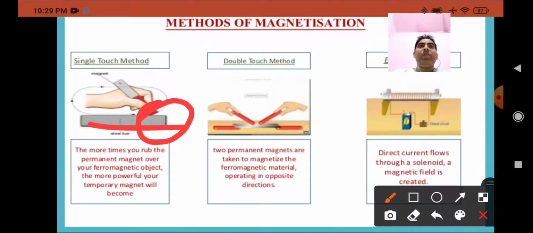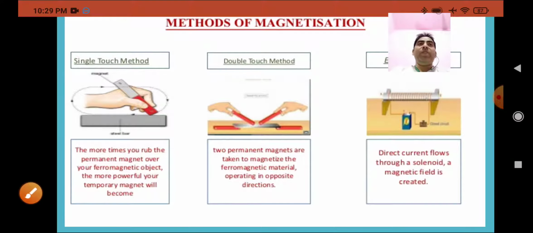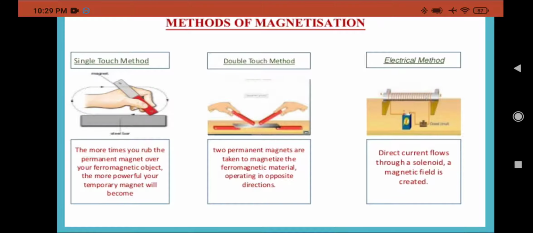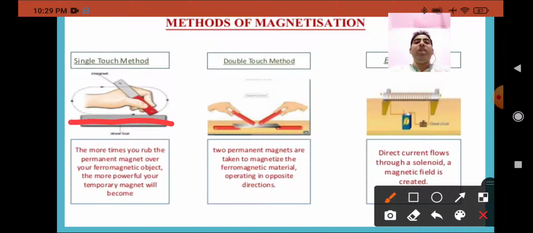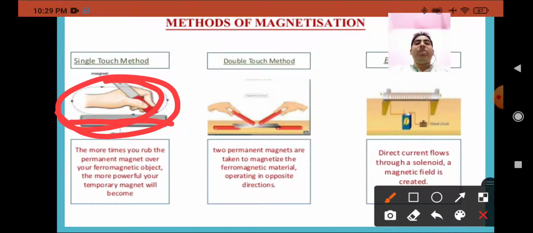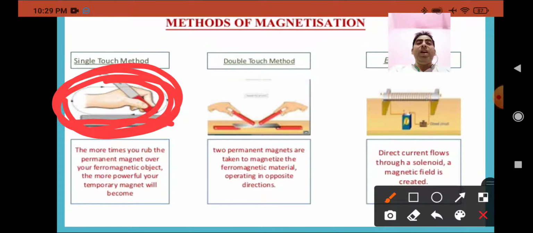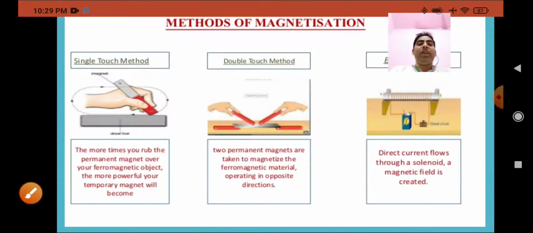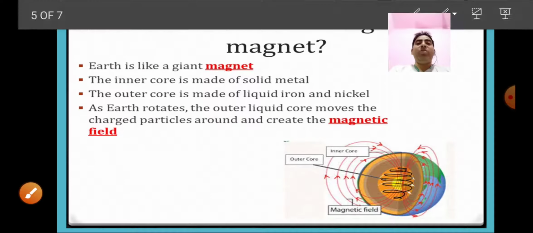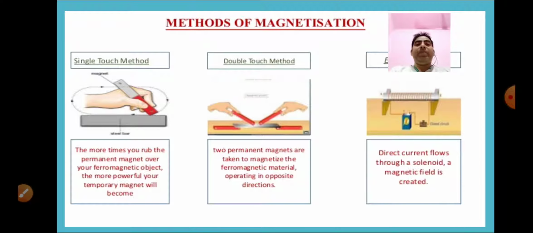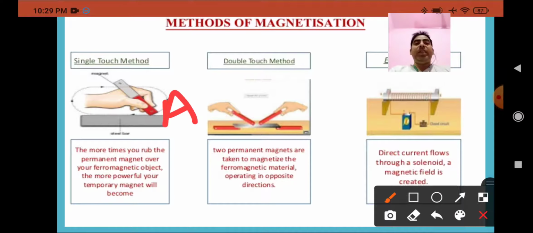Now without lifting the bar magnet, move it along the length till you reach the other end. Suppose this is point A and this is point B. You have to just move it along the length.